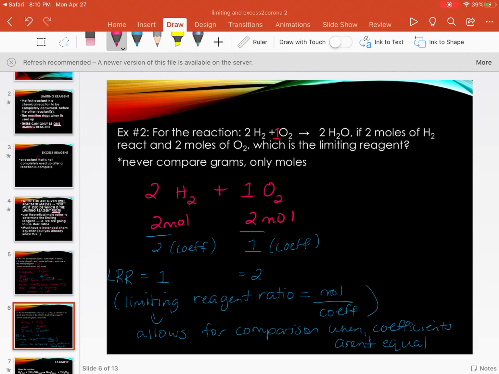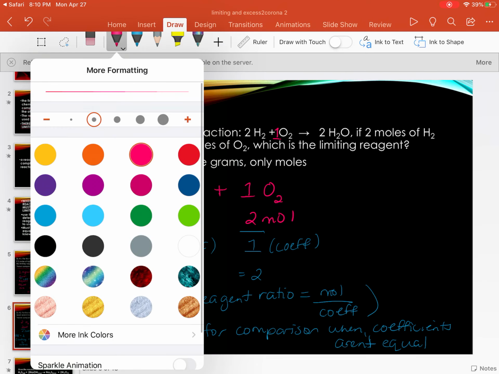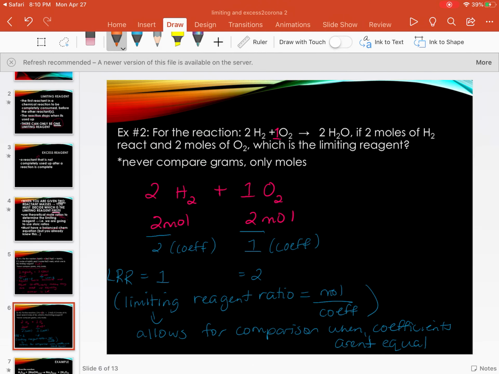So that means it's going to be used up faster. So then when you look at the limiting reagent ratio, hydrogen gas is the limiting reagent.